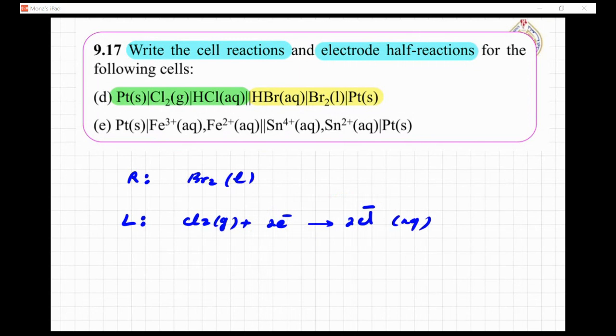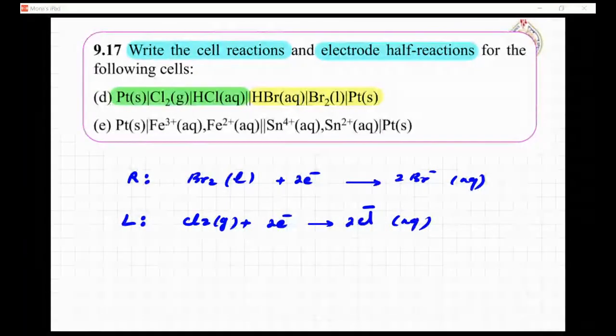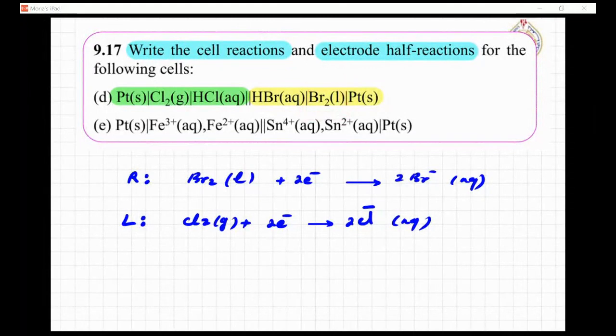Now Br2 liquid plus 2 electrons gives me 2 Br minus, aqueous. This Br minus is here, and Cl minus is here. Br2 is liquid, you can see that here. Fine. So what we have is this.